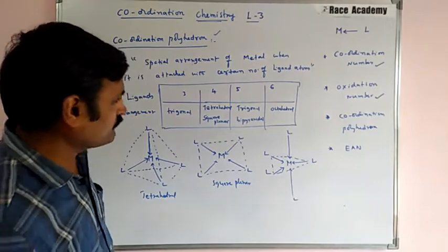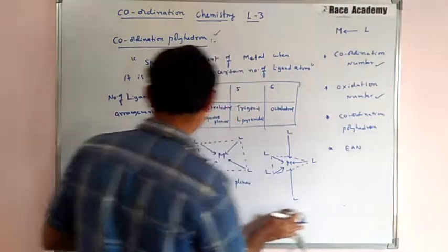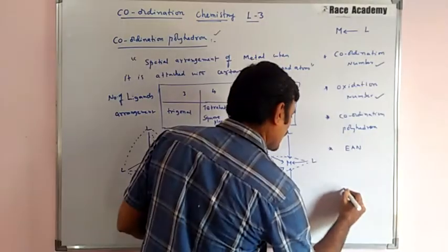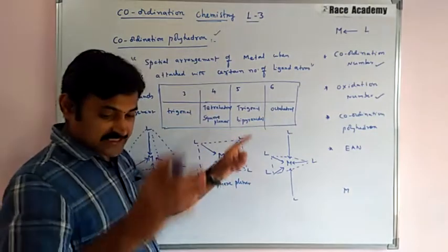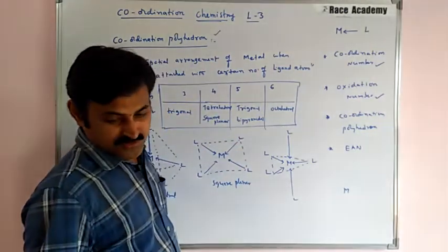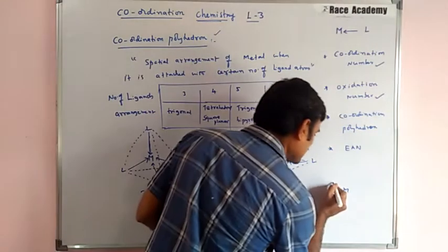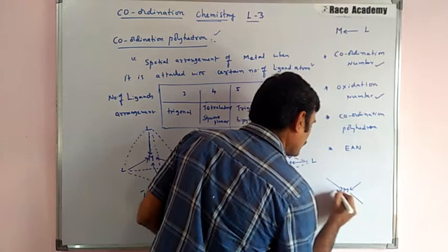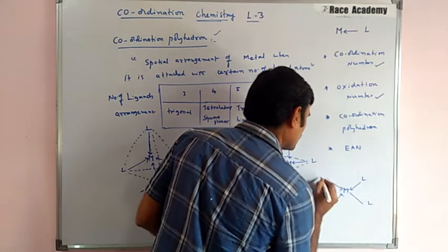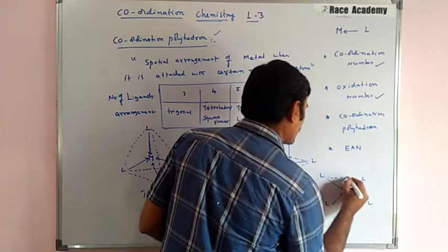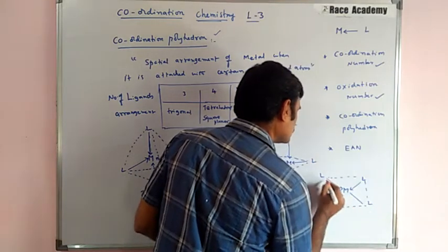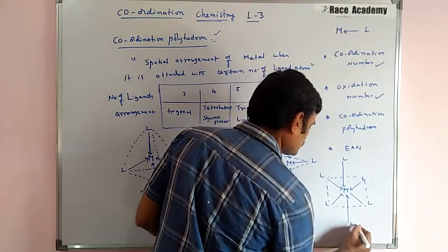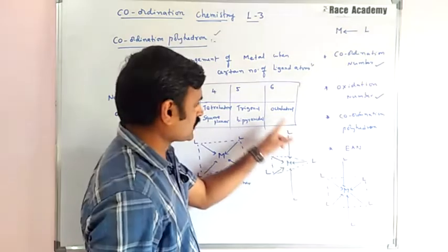Not only that one, if we have 6 ligands present around the central metal, how will the complex be visualized? When 6 ligands are present, first you write the square planar, and after that you mention 2 ligands, one at the top and one at the bottom of the square planar model. This is octahedral.